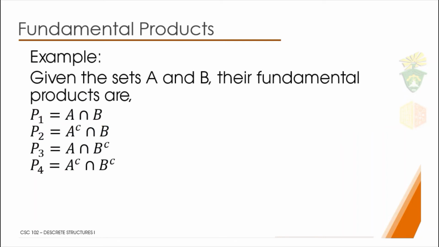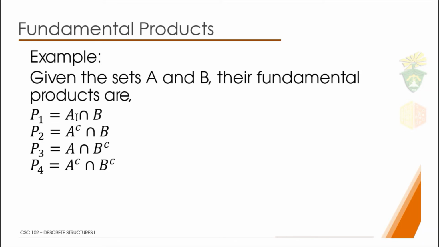So here is an example. Suppose we have sets A and B. Their fundamental products should be the combination of all the operations you can do through intersection and the complement of that set.